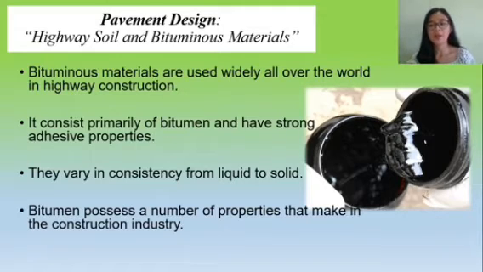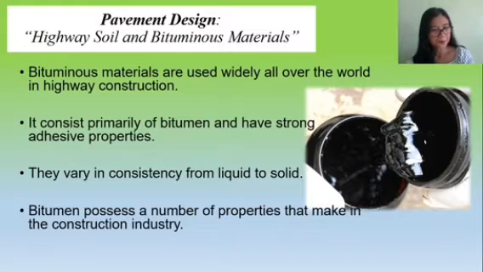In solid form, it is usually hard and brittle at normal temperature, but if it is heated, it will flow when subjected to long, continuous loading. While in liquid form, it is obtained from the semi-solid or solid forms by heating, dissolving it in a solvent, or breaking the material into minute particles and dispersing them in water together with an emulsifier to form an asphalt emulsion.